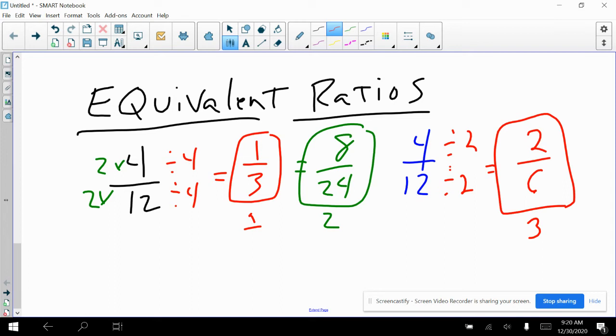So this shouldn't be anything new to you. We did this in chapter 4. We just changed the word from fractions to ratio, but there are labels associated with these in problems. I'm just not putting them down at the moment because the skill is the same.